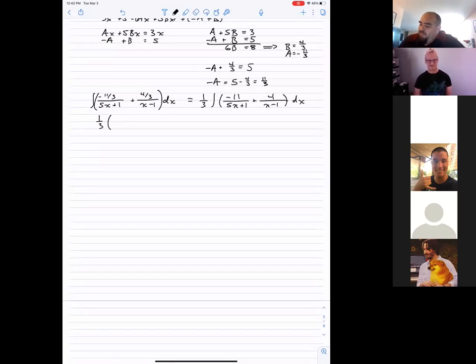So what would the antiderivative be of negative 11 over 5x plus 1? Negative 11 over 5 natural log 5x plus 1, or the absolute value of 5x plus 1. Absolutely. There you go. And then the term on the right.